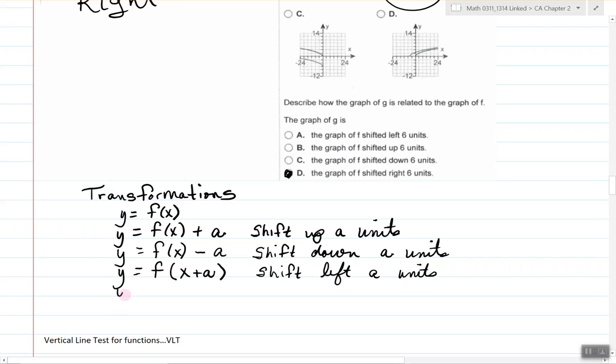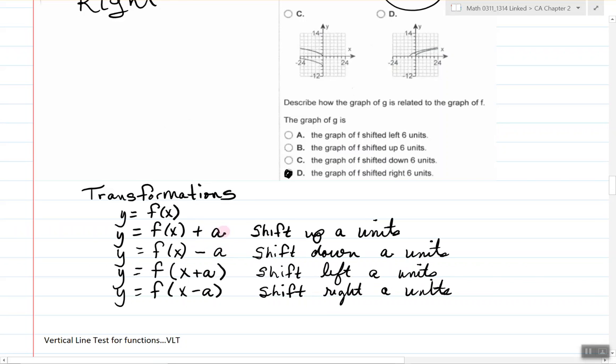And if you have y equals f of x minus a, you're going to shift right a units. This is in your printed notes as well.